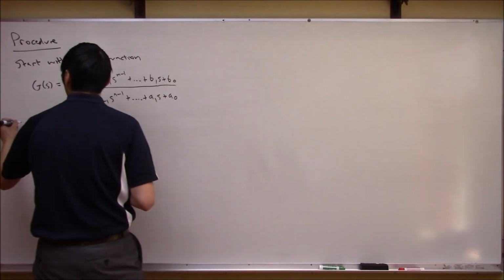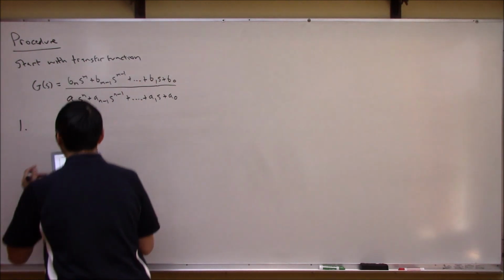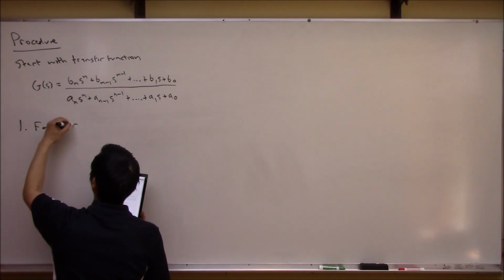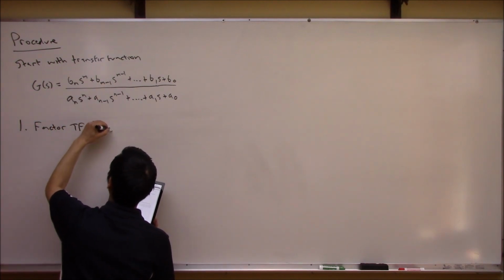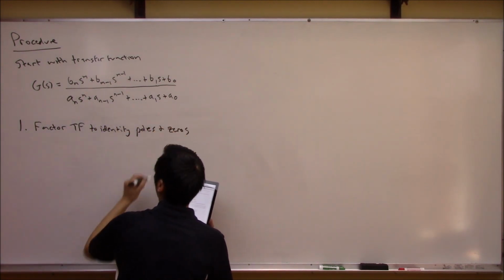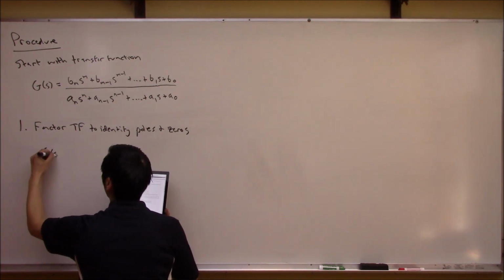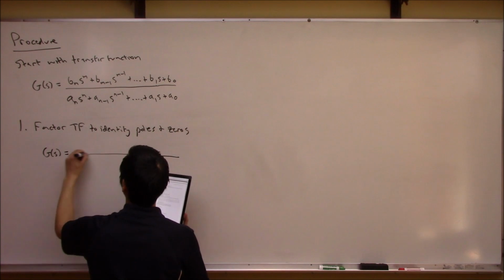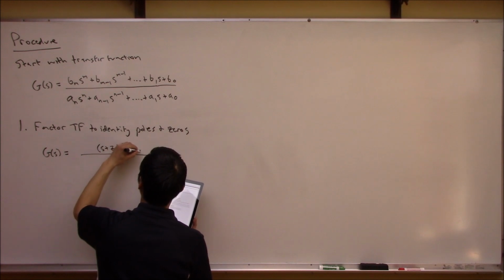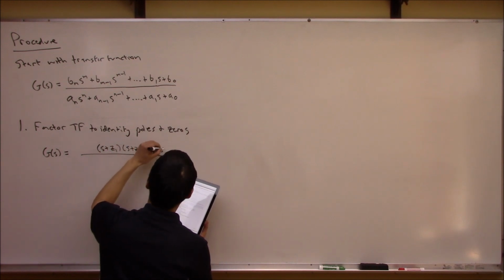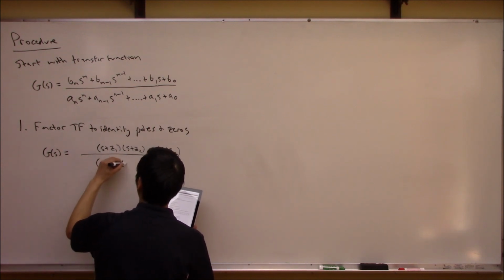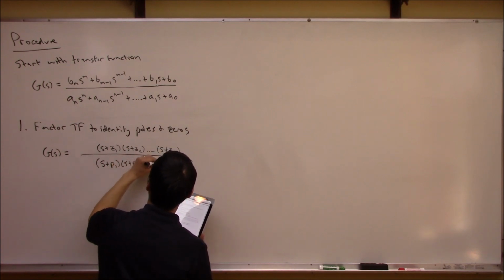So you've got m zeros and n poles here. Okay, so step one is to factor this transfer function to identify the poles and zeros. In other words, you want to factor the numerator and the denominator to look something like s plus z1, s plus z2, all the way to s plus zm, and similarly on the denominator, s plus p1, s plus p2, all the way to s plus pn.